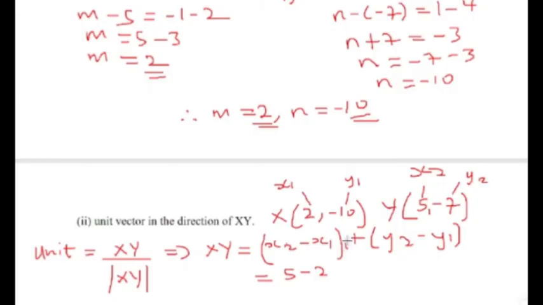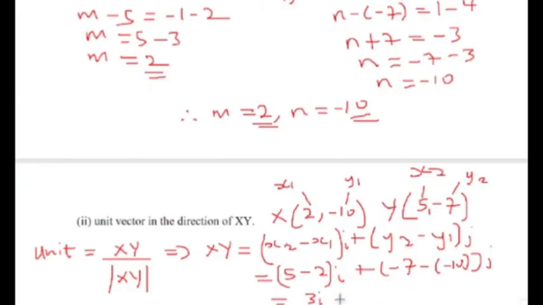Of course, this is the i coordinate and this is the j coordinate. We must not lose track of that. For i, plus y2 is negative 7, so that will be negative 7, negative 10. Okay, then we'll have our j. So this comes out as 3i.